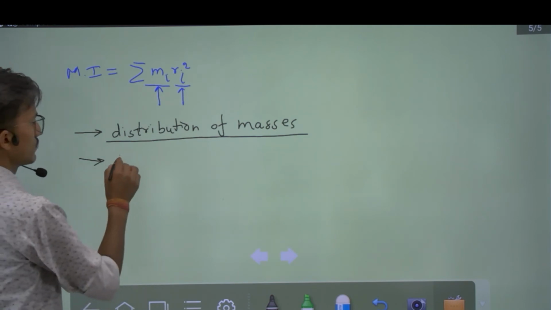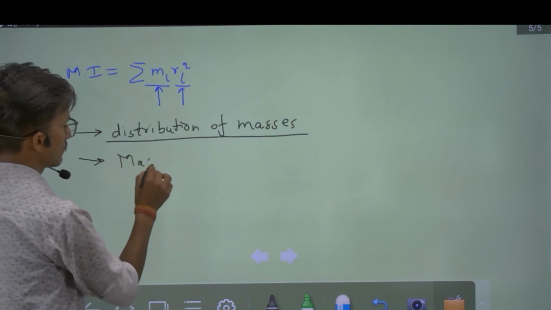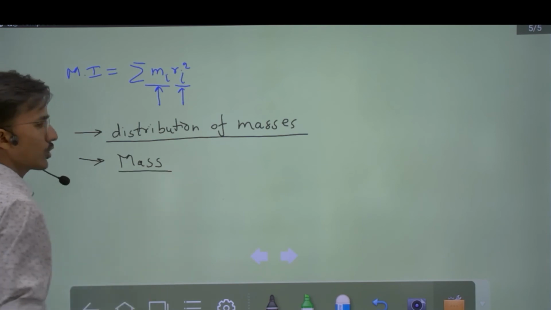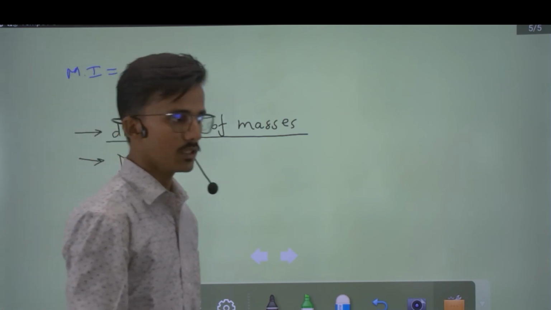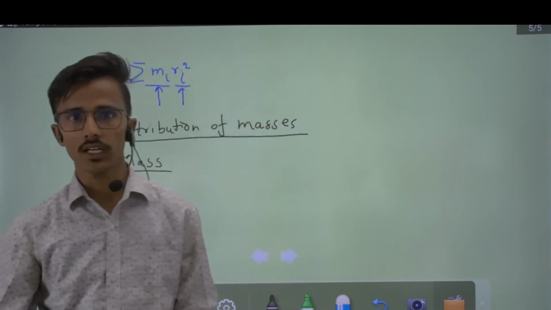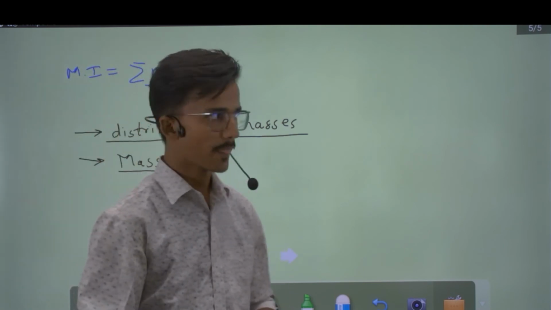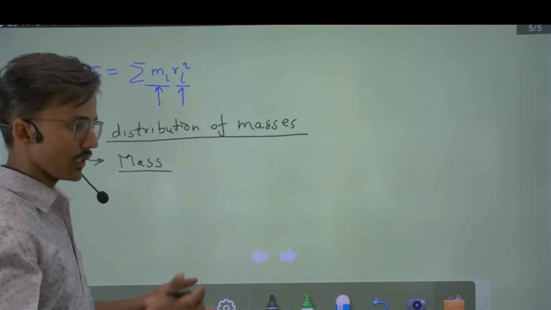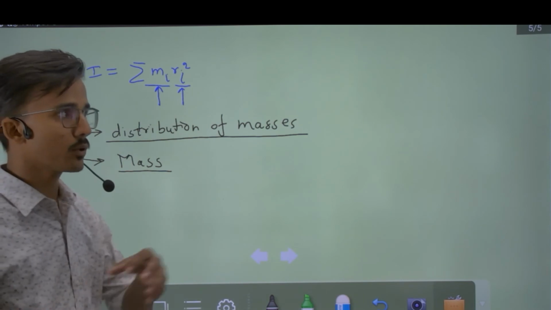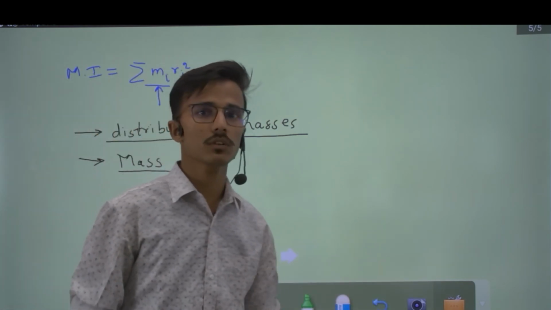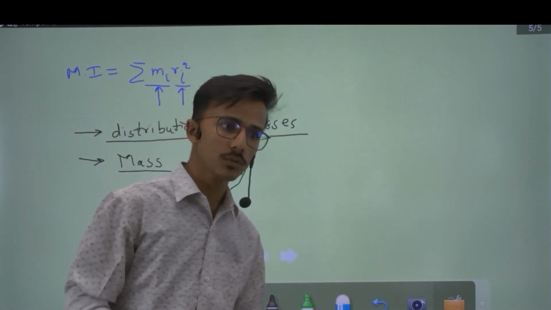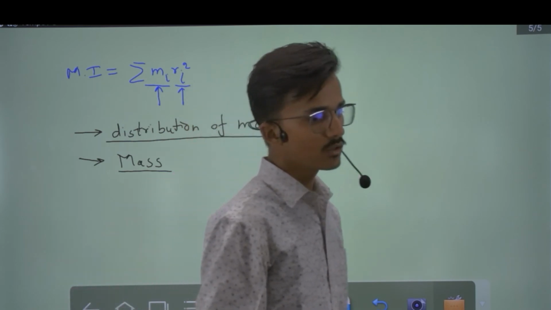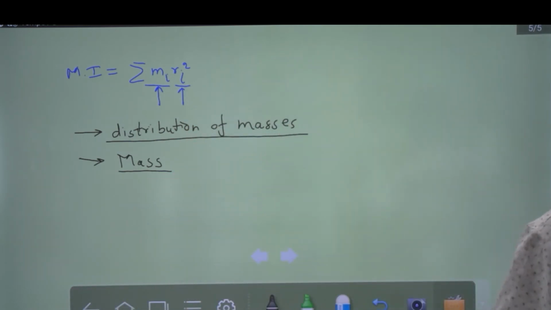It will also depend on the total mass of the body. If the mass is higher, then the moment of inertia will be higher, and if the mass is very far from the axis, then the moment of inertia will be higher for that as well. So these are some physical quantities on which moment of inertia will depend. Okay, write down quickly.